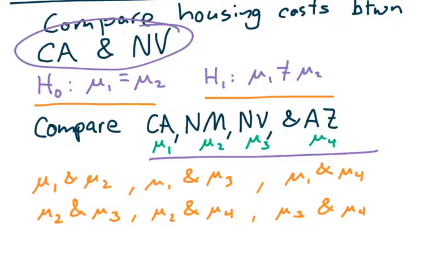That would involve not just double the amount of work, but probably at least triple the amount of work because of all of the possibilities for comparing two populations at a time, and thus the number of different hypothesis tests that we would have to perform. So that is our predicament.